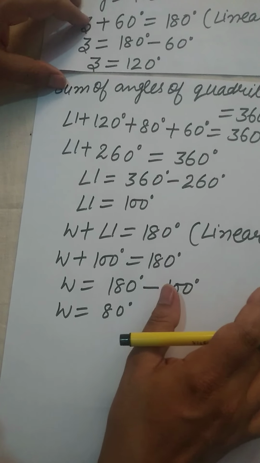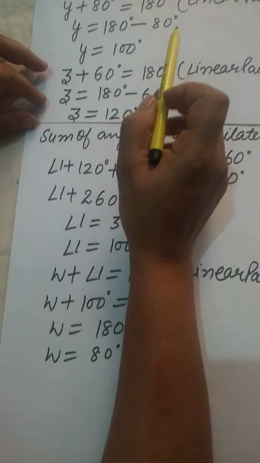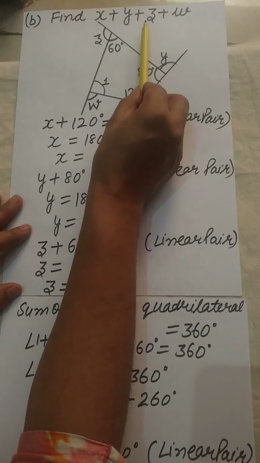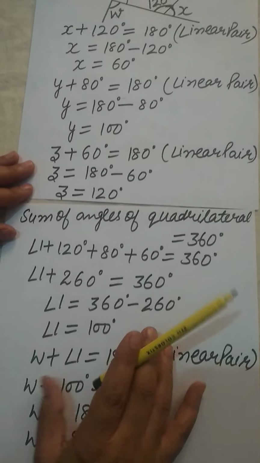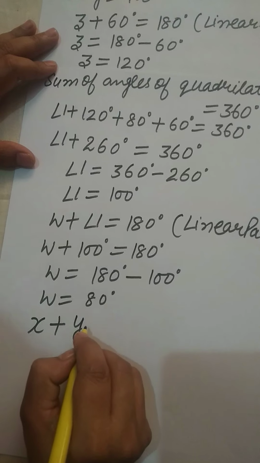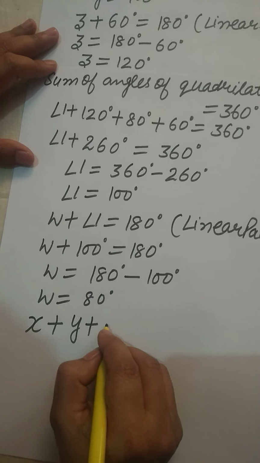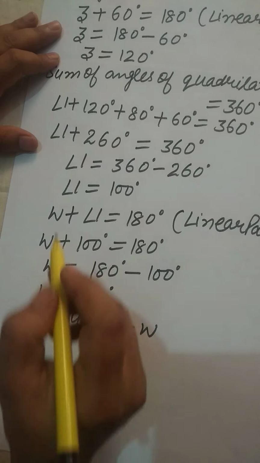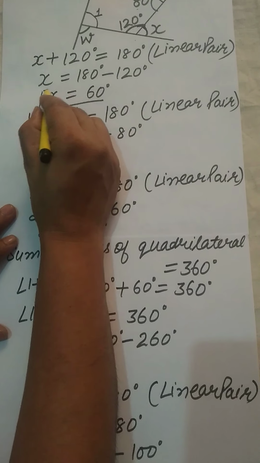Now as in the question, we are to find the value of x plus y plus w plus z. Here we are to calculate x plus y plus z plus w. The value of x is 60 degree.